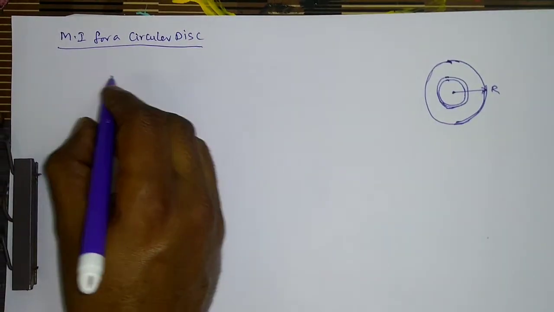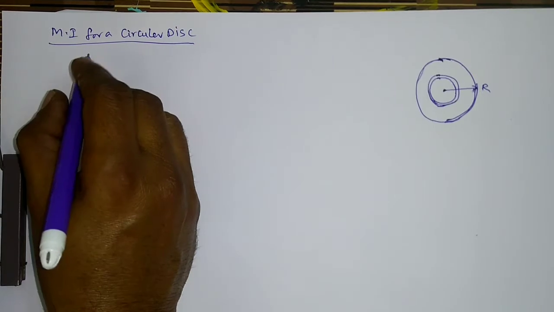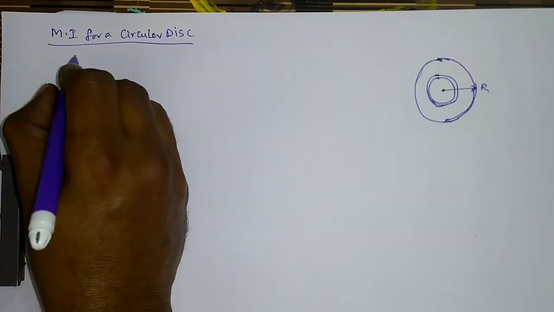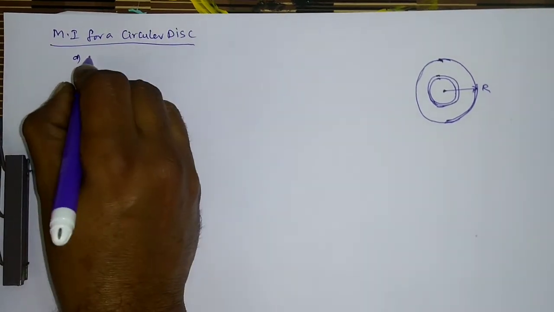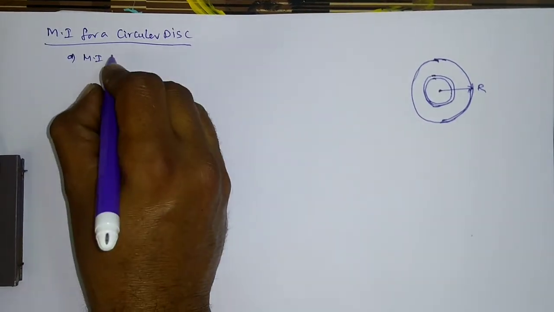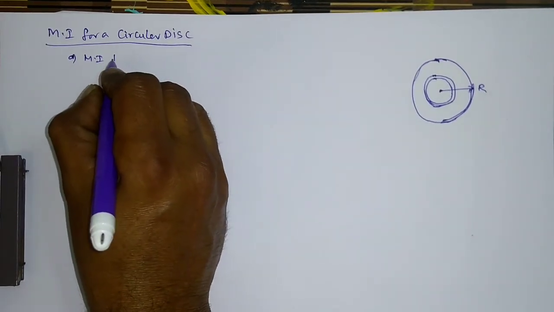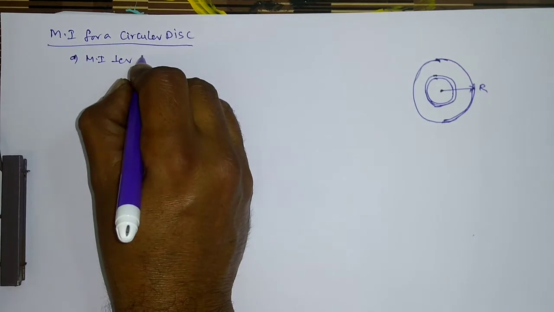Better to write here: the moment of inertia of a circular disc perpendicular to, passing through, the center of the disc.